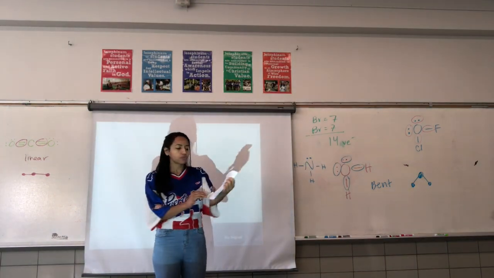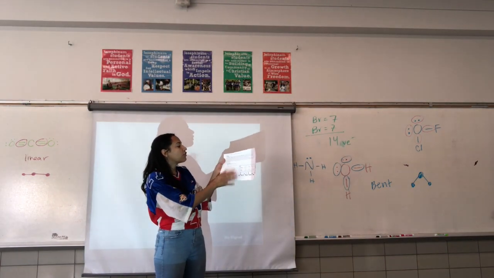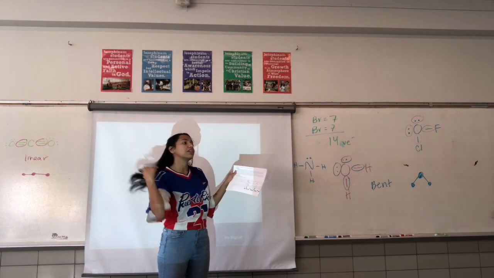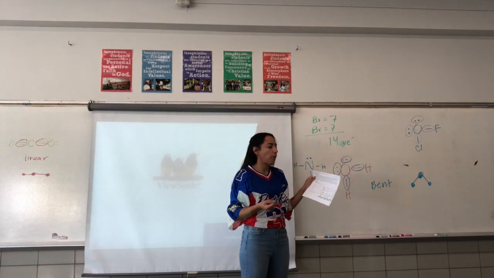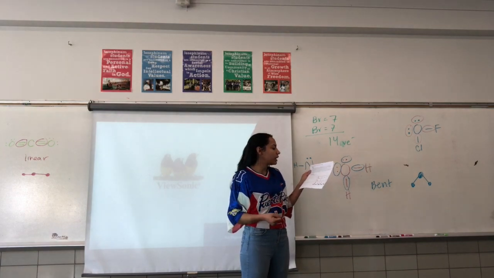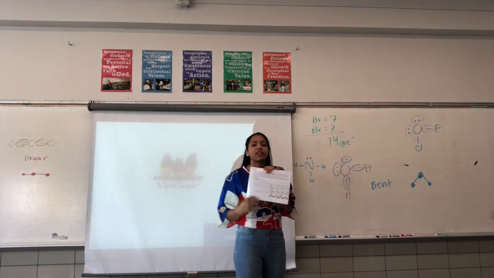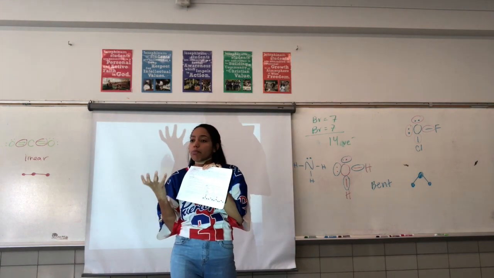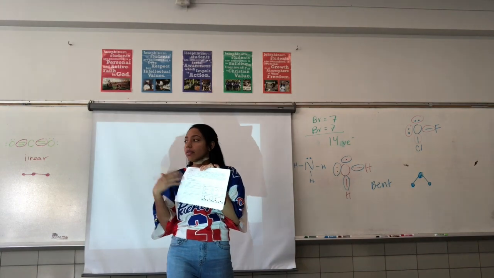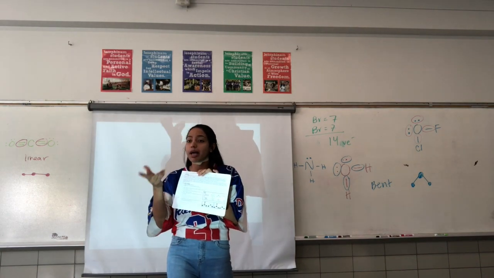In the front you have a little introduction. This introduction tells you what a covalent bond is, what VSEPR theory is, what VSEPR stands for. It tells you why molecular shape is super important in science and in the world, really with your body.